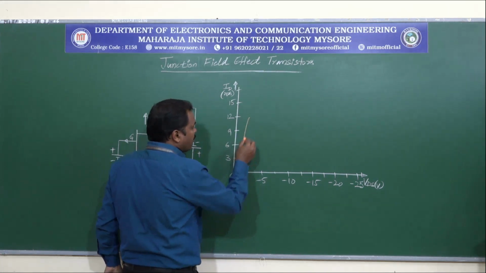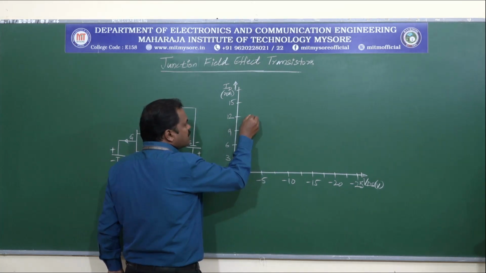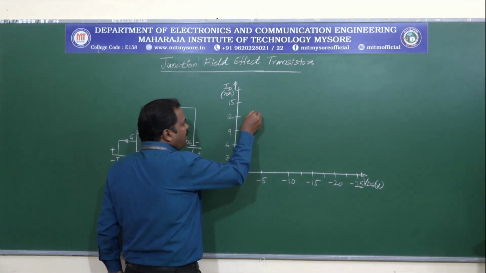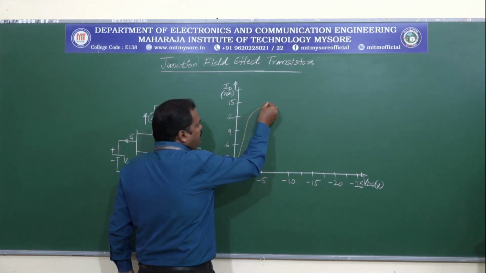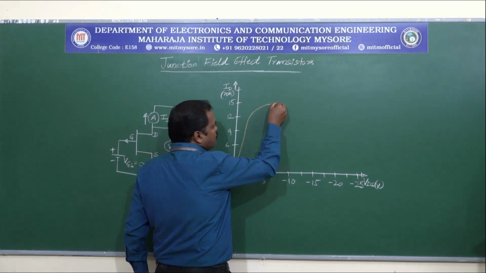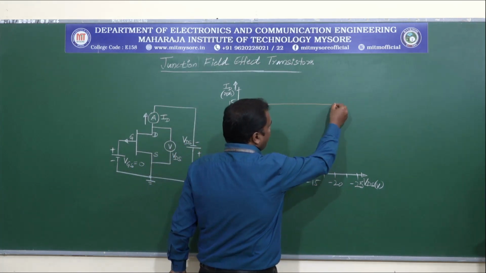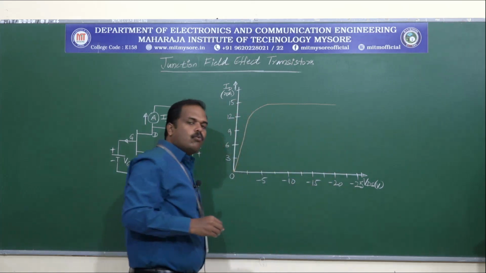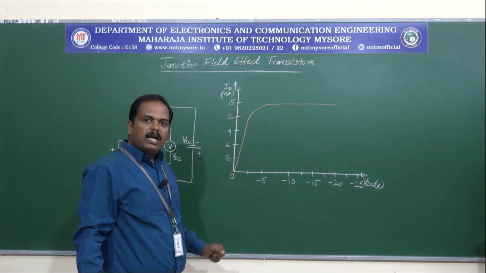Once we reach a particular point, there will be small increments in the drain current, and after a particular point the current is going to be saturated. So VDS will not have any control over IDS, so IDS becomes constant.